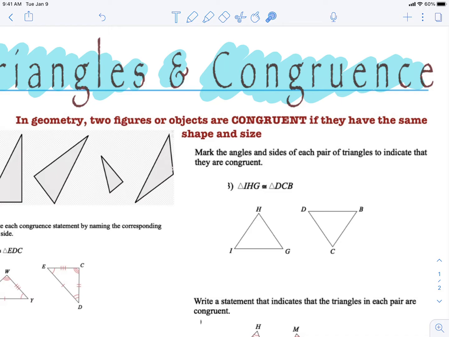What we are learning today in geometry: two figures or objects are congruent if they have the same shape and size, right? So two figures or objects are congruent if they have the same size and shape.